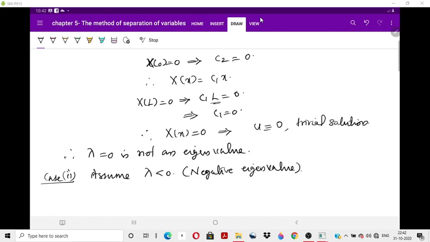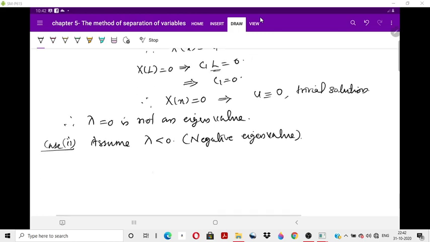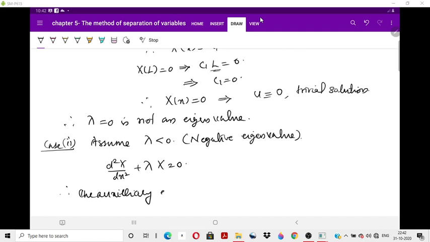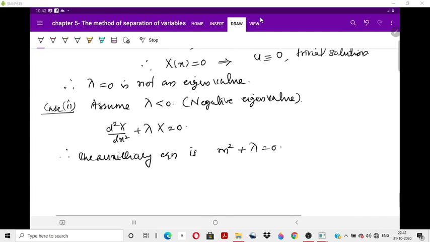So when lambda is negative, we have d square X by dx square plus lambda X equal to 0. Therefore, the auxiliary equation is m square plus lambda equal to 0.